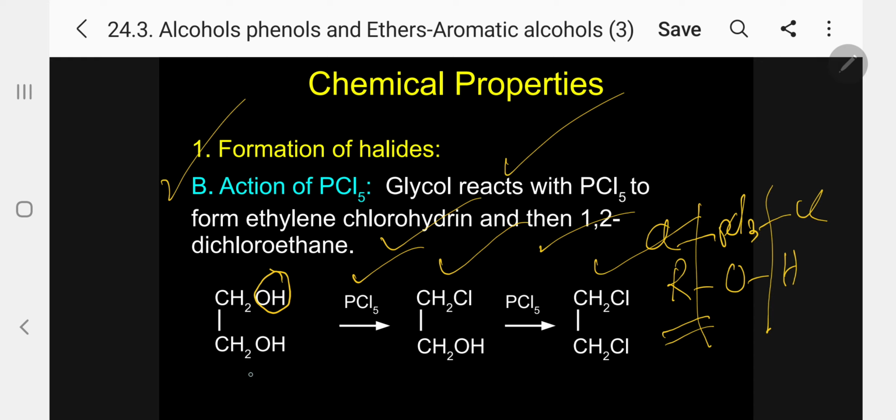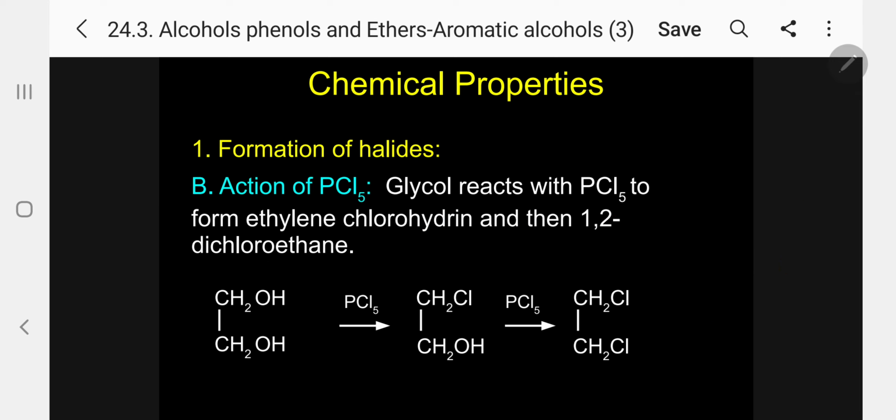So in glycol, once one OH is substituted by Cl, the other is also substituted. The additional products, phosphorus oxychloride and HCl, are not shown here in order to avoid complexity. We are giving importance only to the product, so you have to assume that the additional products are phosphorus oxychloride and HCl. Here also the same thing is taking place. Please remember.